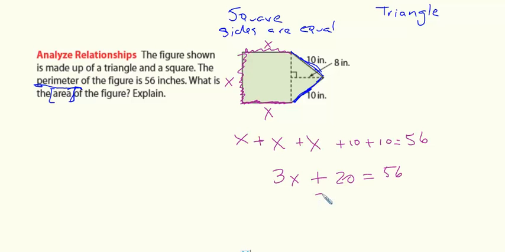So first I'm going to subtract 20 on both sides. I'm left with 3x equals 56 minus 20, that is 36. So 3 multiplied by a number equals 36. The opposite of multiplying by 3 is dividing by 3.